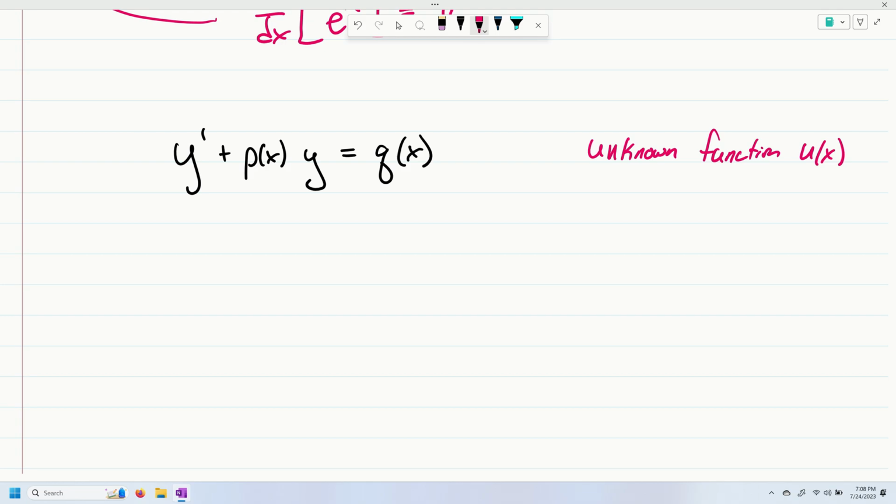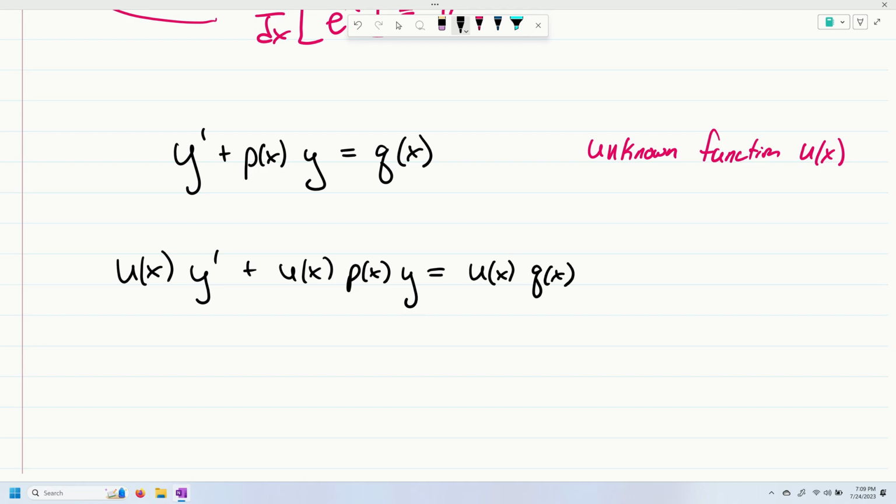So I'm going to multiply the entire equation by u of x, because I'm totally allowed to do that. That is just the multiplication property of equality. So multiply the left by u of x, and multiply the right by u of x.